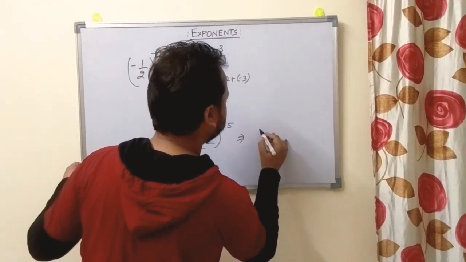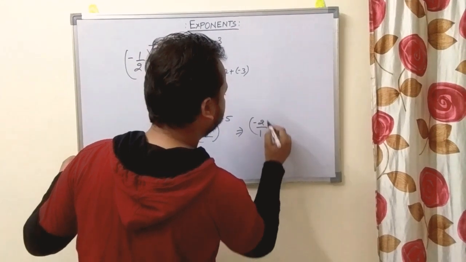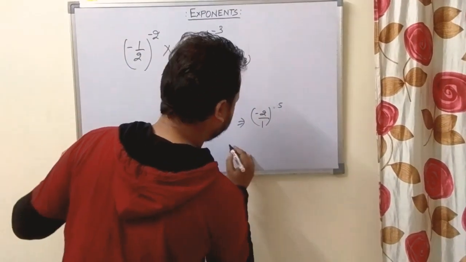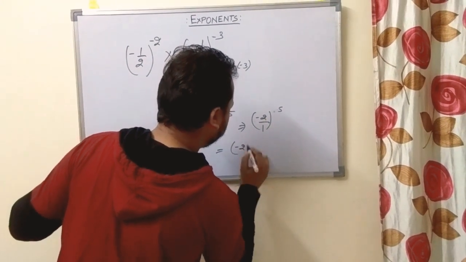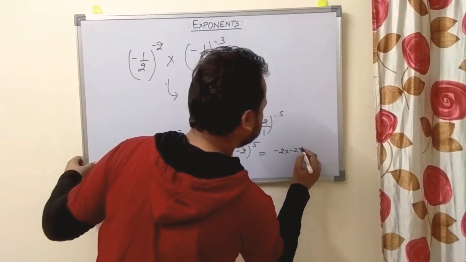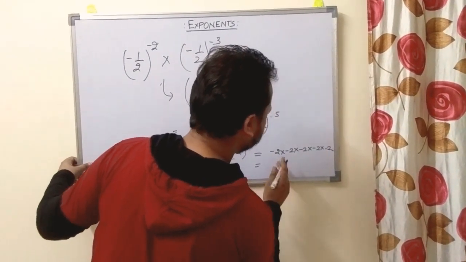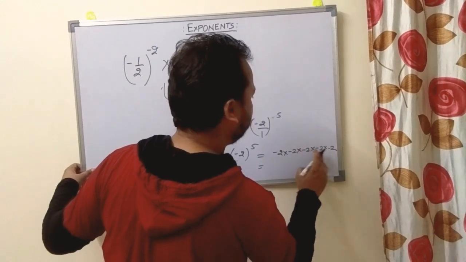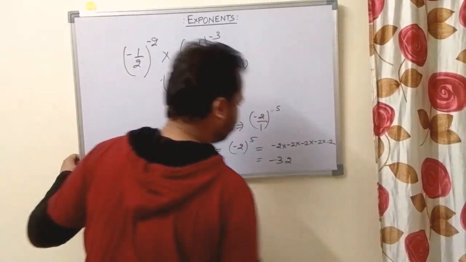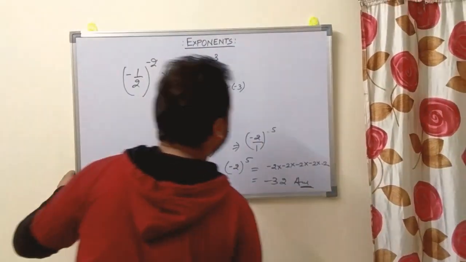So it is written as 2 by 1 power minus 5, power 5. So minus 2 power 5 equals minus 2 multiplied by minus 2, minus 2, minus 2 and minus 2. It is written as 2 to the 4 to the 8 to the 16 to the 32 and minus. This is your answer.